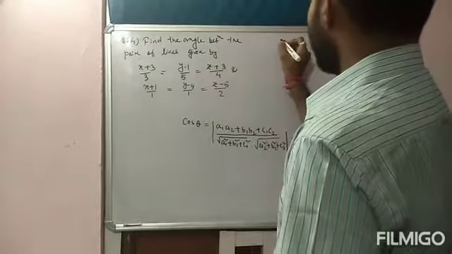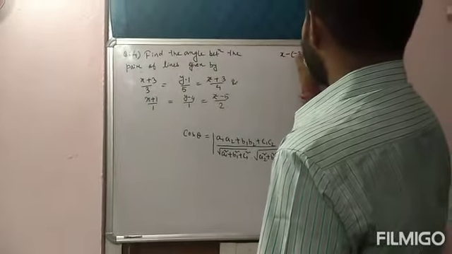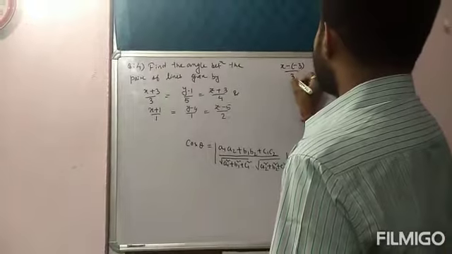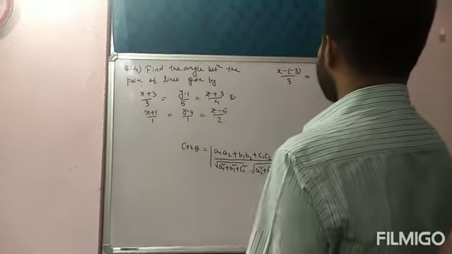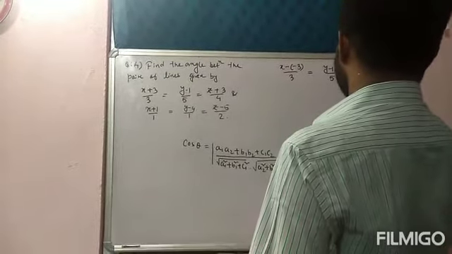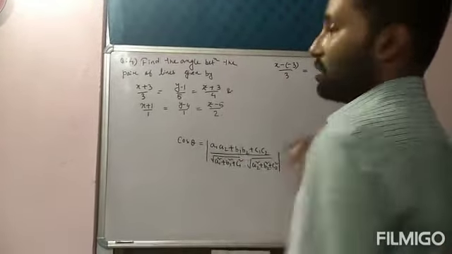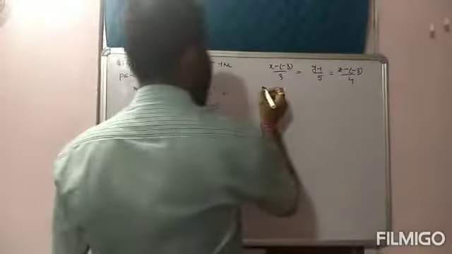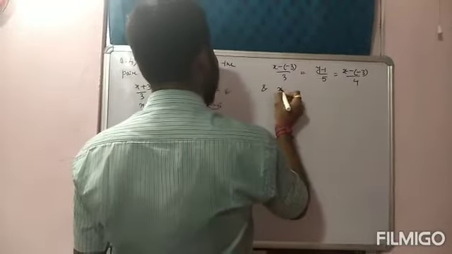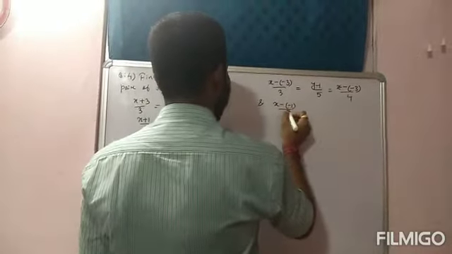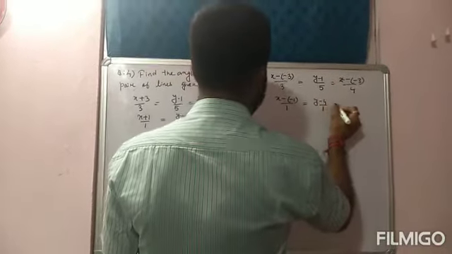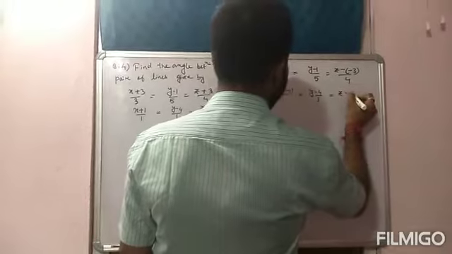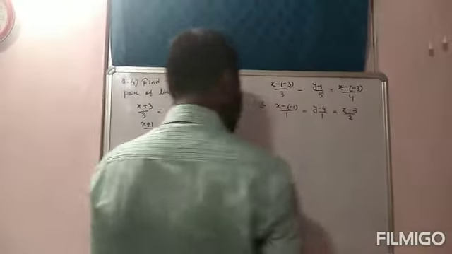So the first equation can be written as x minus of minus 3 by 3 is equal to y minus 1 by 5, no need to change, z minus of minus 3 by 4. Similarly, the second equation can be written as x minus of minus 1 by 1 is equal to y minus 4 by 1, which is equal to z minus 5 by 2.